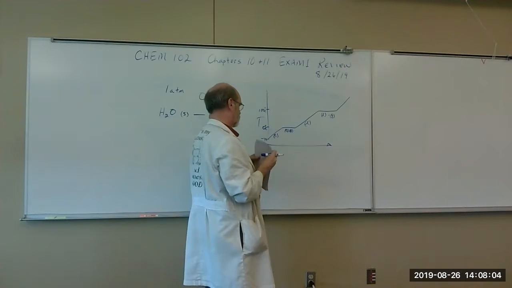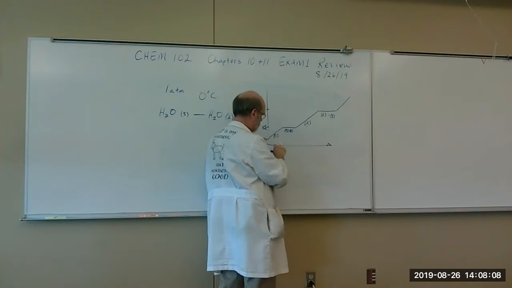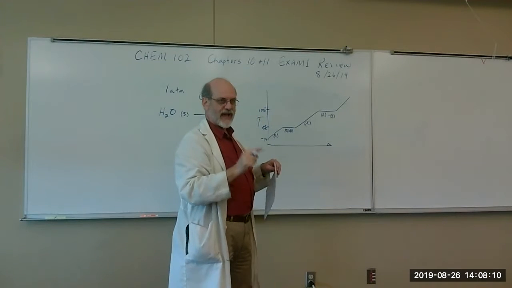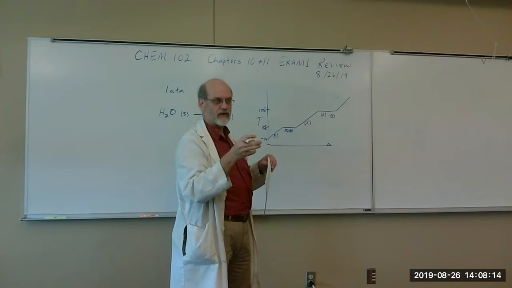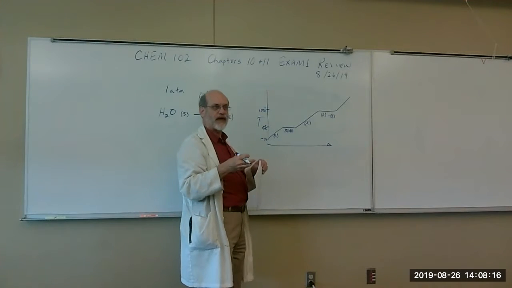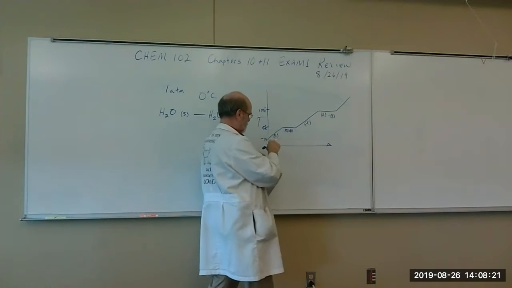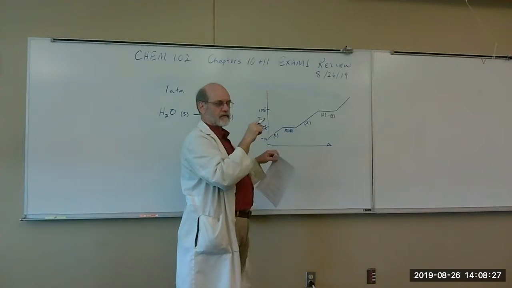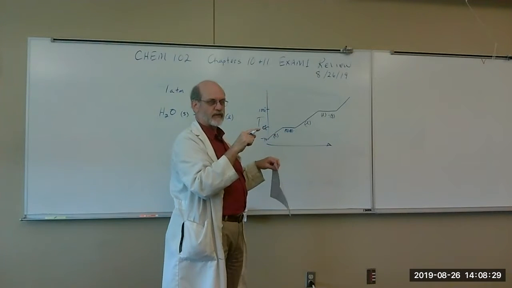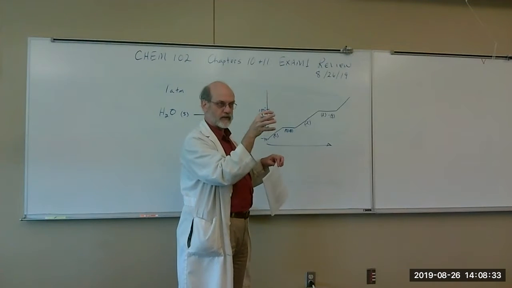So what's going on? Well, when you're on this curve, the energy that you're adding is heat. It's just adding to the vibration of the molecules. You're making them move faster. But when you get to this point, the energy you're adding is actually breaking the bonds between the solid in that crystal that's been vibrating.